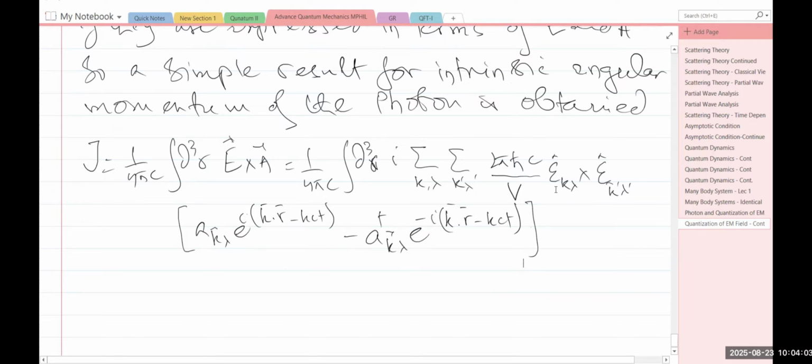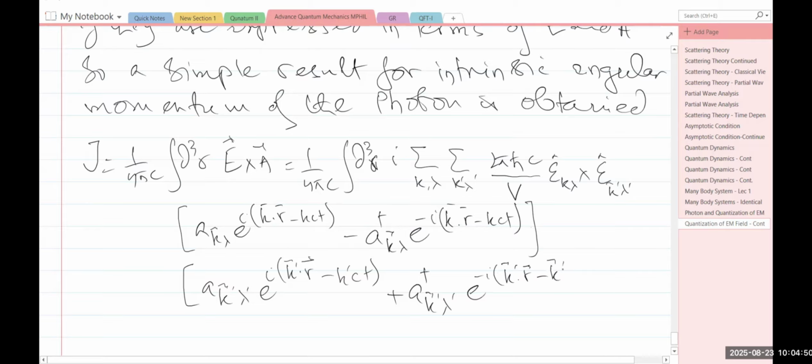Now every k is primed times a k prime lambda prime times e to the power iota k prime dot r minus k prime ct, plus a k prime lambda prime dagger e to the power minus iota k prime dot r minus k prime ct, and bracket close.